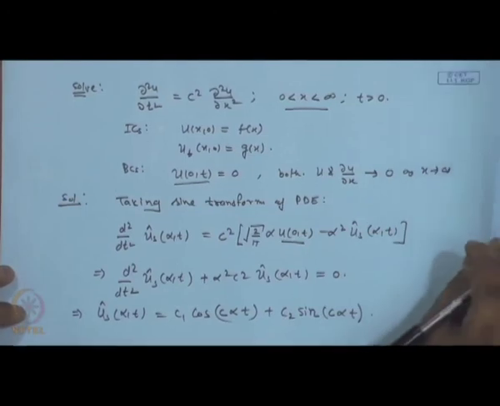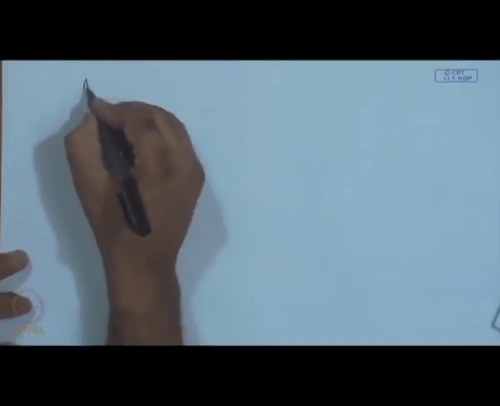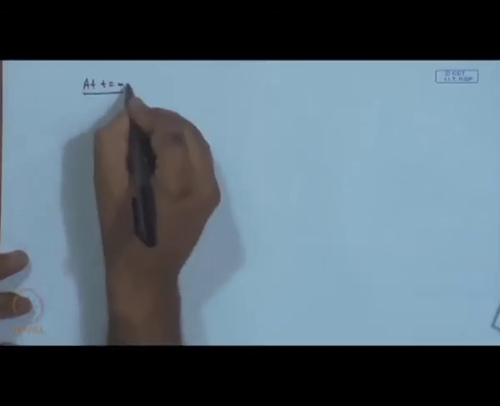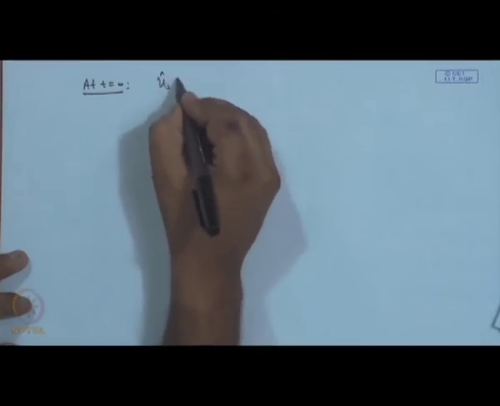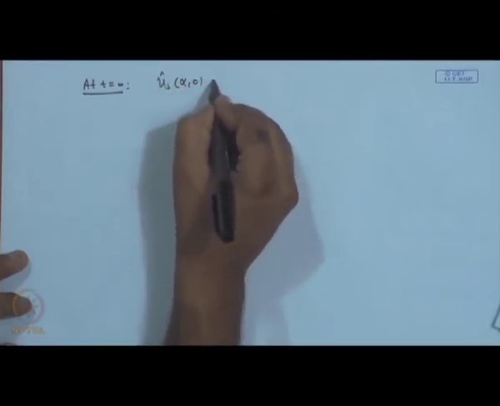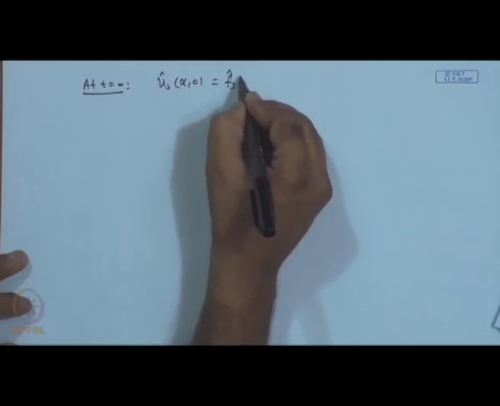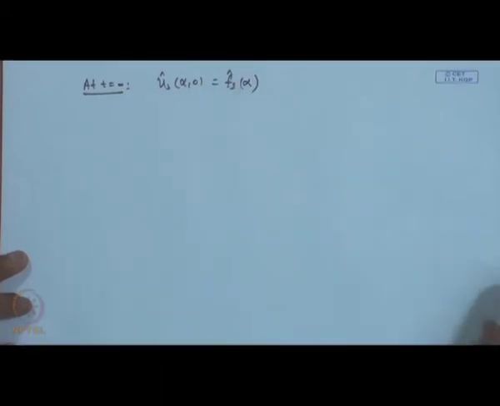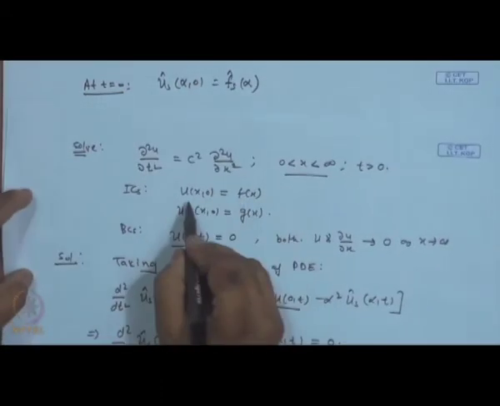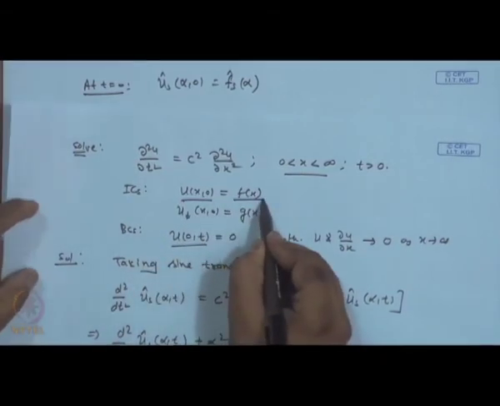So, we use these initial conditions now to get these constants. At t equal to 0, the first initial condition is u(x,0) equal to f(x).